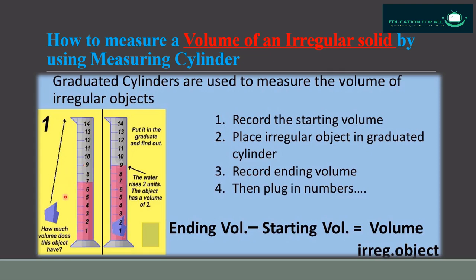You have to record the initial volume, or the starting volume. In this first picture on the left hand side, you can see the starting volume, that is 7 ml. Now I will write so that it will become easy for you to understand. This is 7 ml.